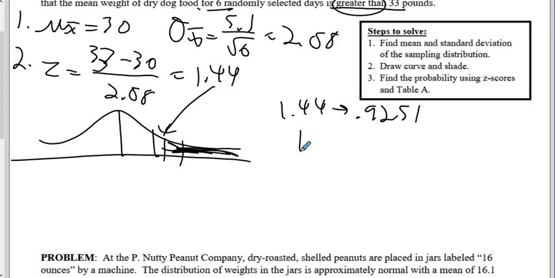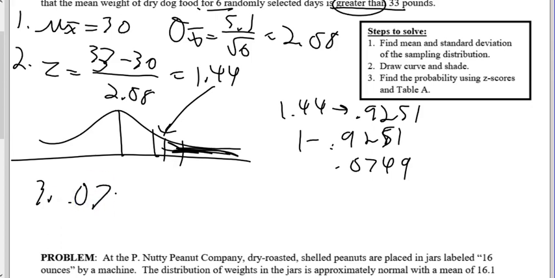Anytime we see greater than or to the right of, we do 1 minus 0.9251, which gives us 0.0749. So for number 3, our probability is 0.0749, or 7.49%. We're done.